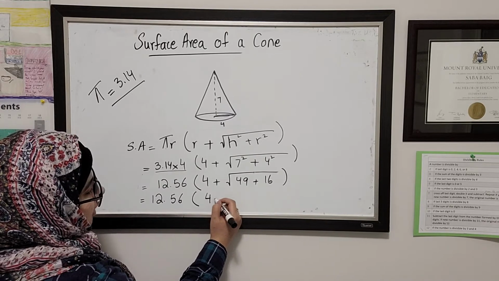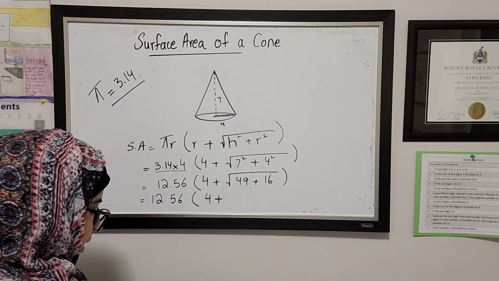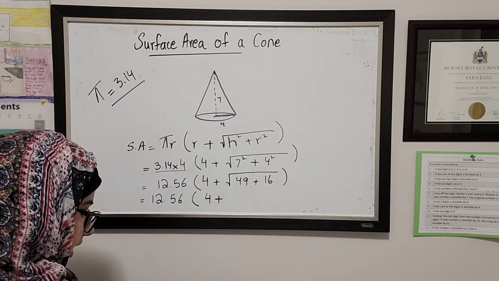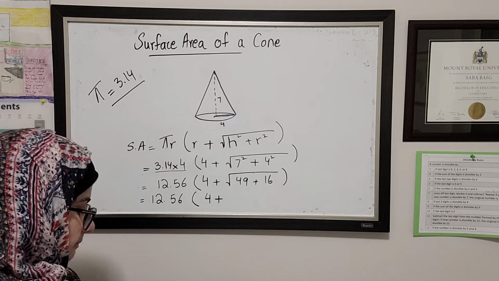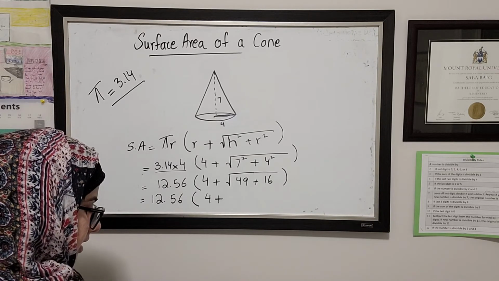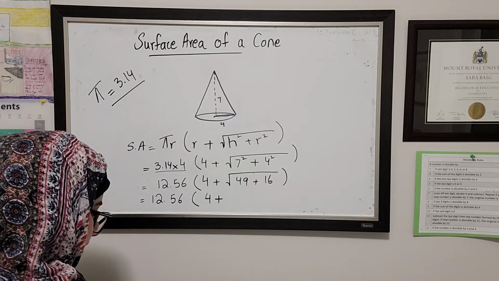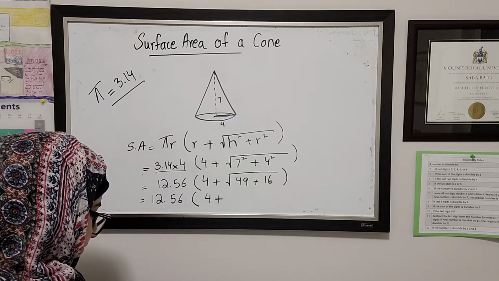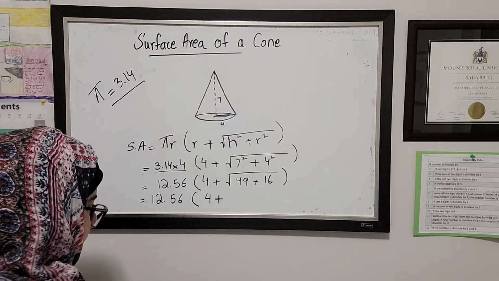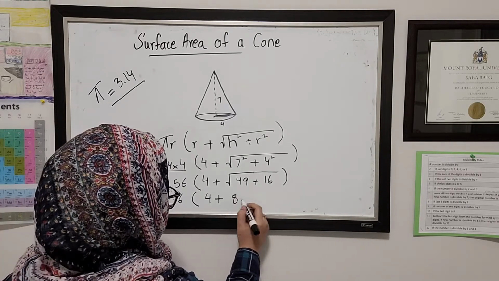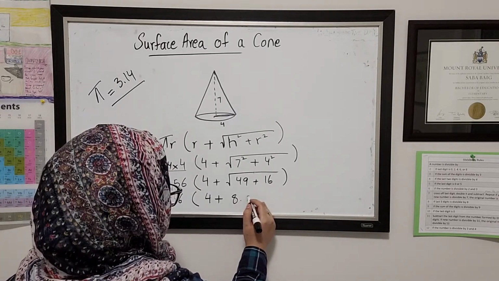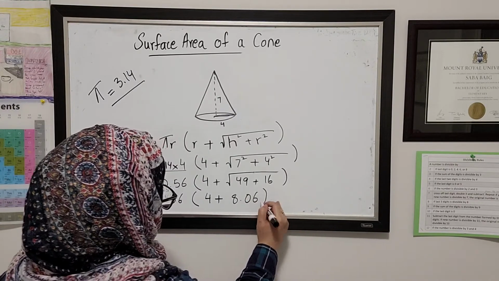Plus, bracket 4 plus, I'm going to find 49 plus 16. And I'm going to find the square root of this number. That's going to be 8.06, I got using my calculator.